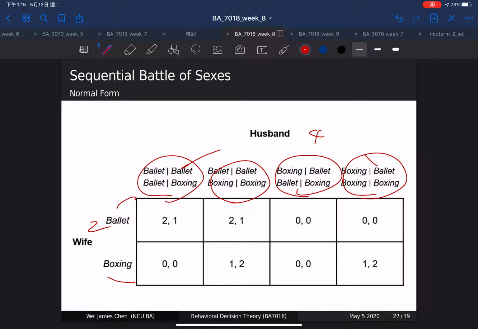Okay? What I mean by that is, for example, let us check whether this is a Nash equilibrium. So actually I should write this, sorry.